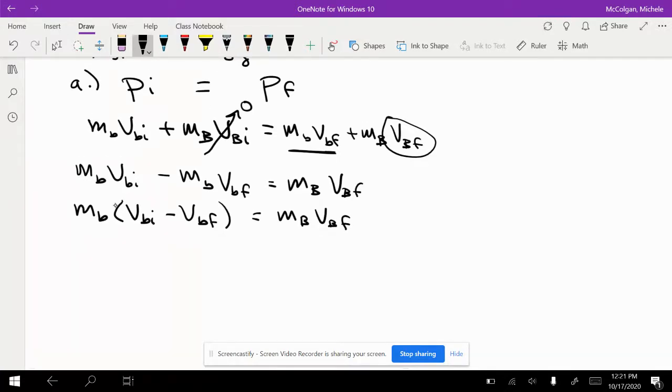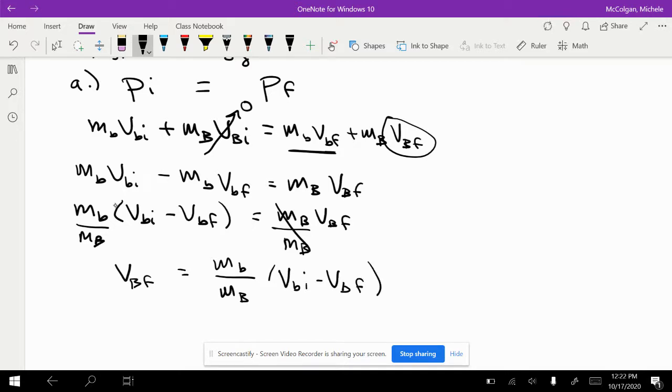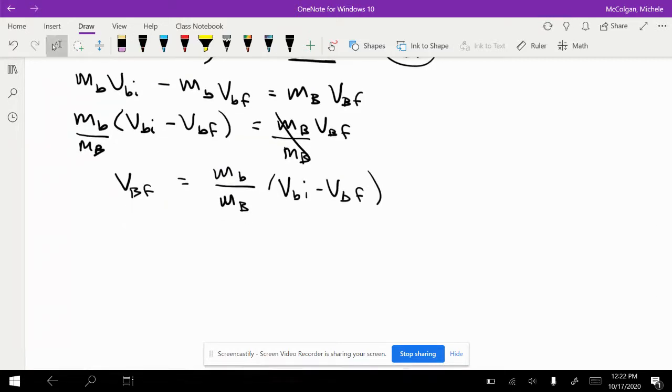And now I'm going to divide both sides by mass of the block. So I get V of the block final is equal to mass of the bullet over mass of the block times V of the bullet initial minus V of the bullet final. I should have used M1s and M2s.